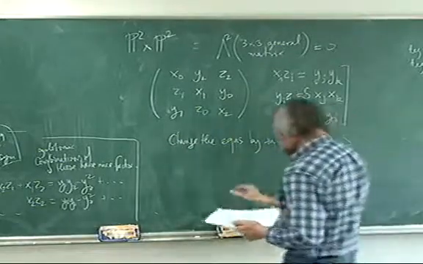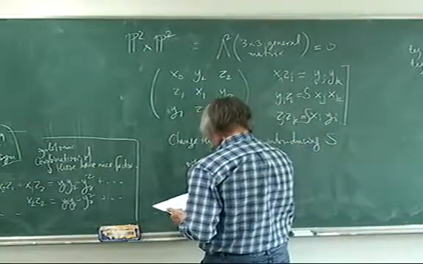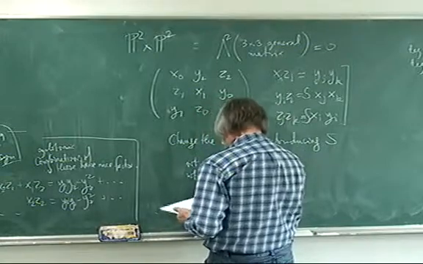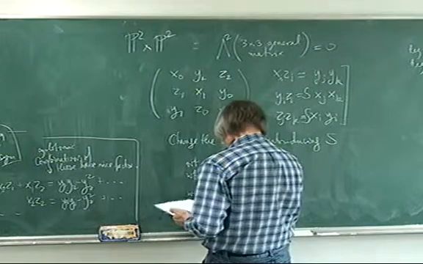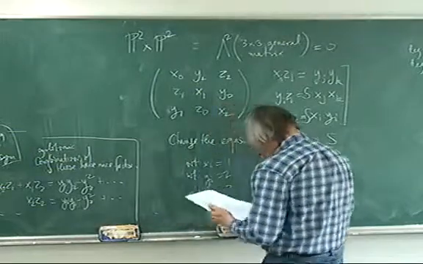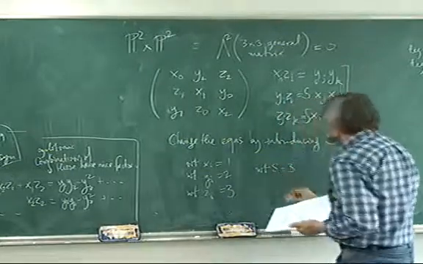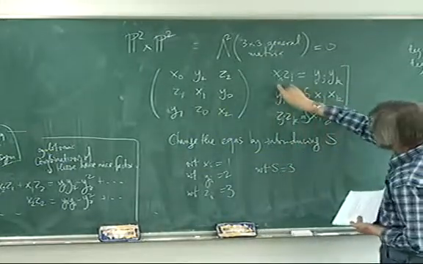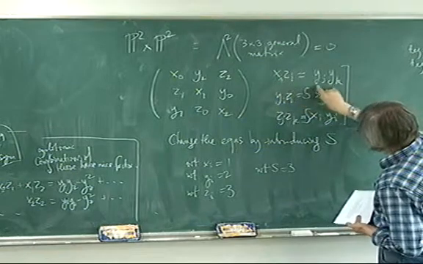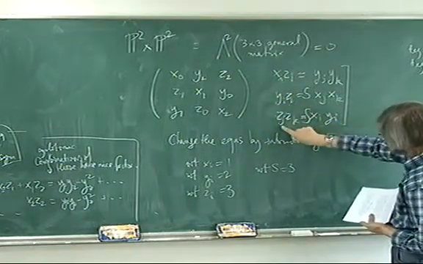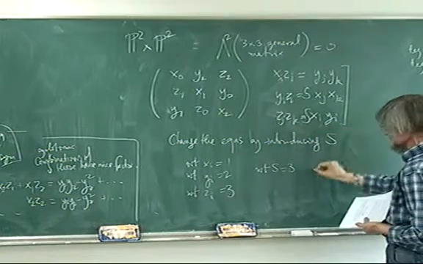And then I'm going to say weight x_i equals 1, weight y_i equals 2, weight z_i equals 3, and weight s equals 3. If I do this, then this is weight 4, this is weight 4, this is weight 5, this is weight 5, 6, 6. So these are now homogeneous.